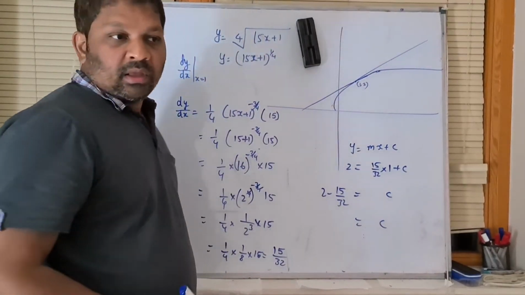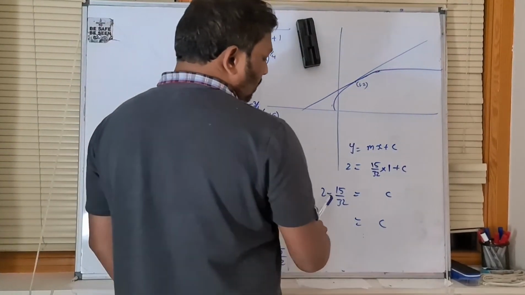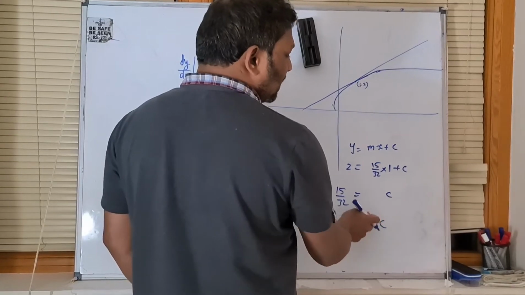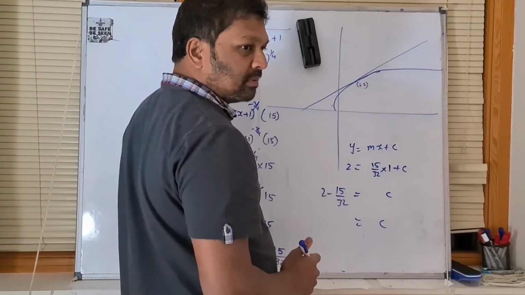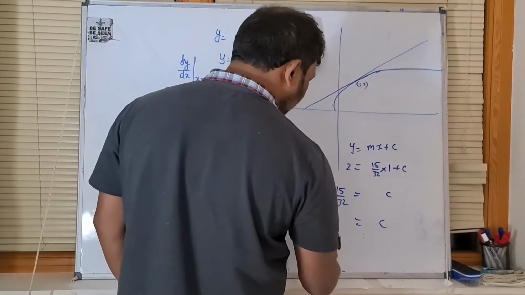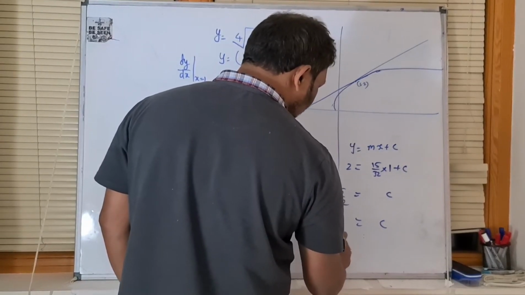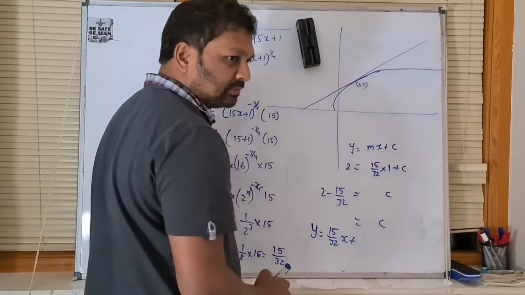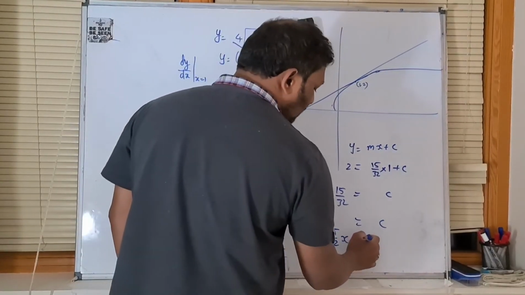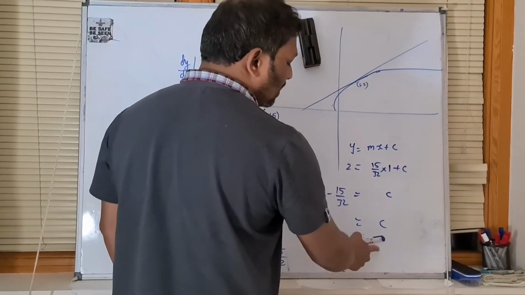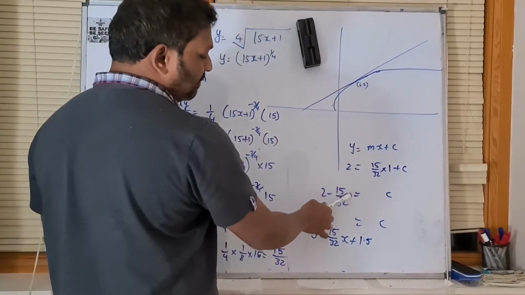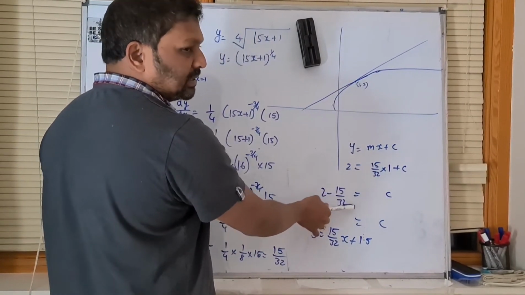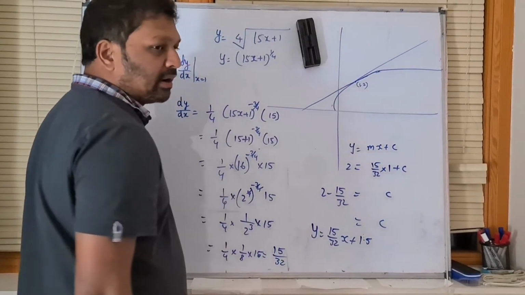You'll get something like half, so c is roughly 1.5. Then you put it back in this equation: y is equal to 15 by 32 x plus c, whatever c you get here. I'm giving an approximation of 1.5 because if you consider this as a half, 2 minus half is 1.5.